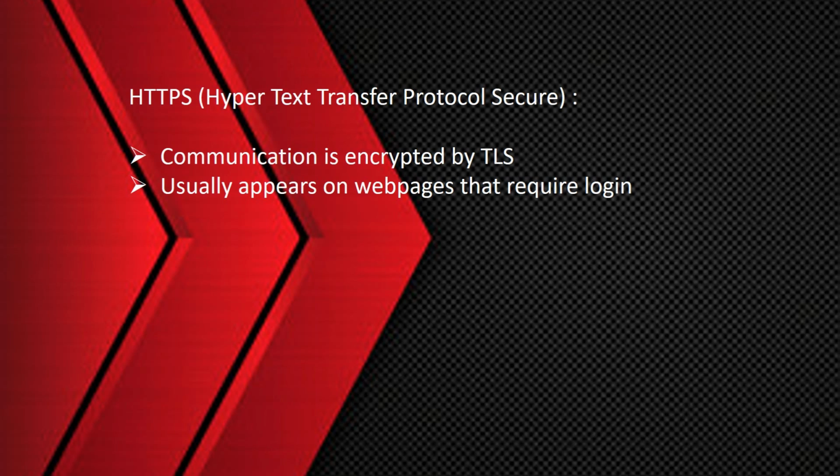That's how you know you can log in with your username and password and your connection is secure. The port number it uses is TCP port 443. So HTTP port 80, HTTPS port 443. Remember those two.